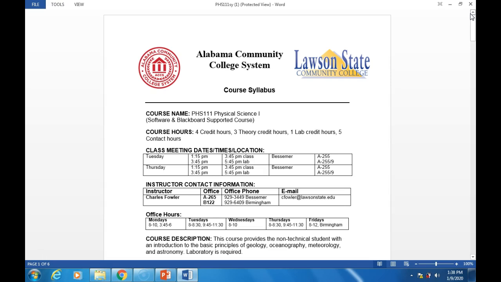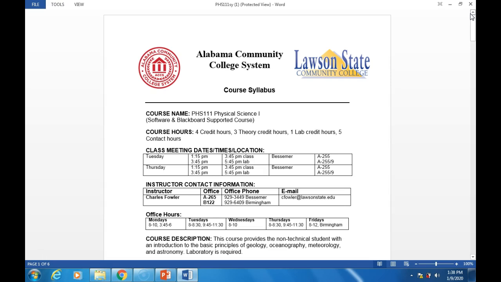There will be at least one time when we will go down to 259. That's why I put that one down there, because that actually is going to be one we're going to be doing. If you've ever heard of a wet lab, this technically is a wet lab. We're going to be doing some things with measuring stuff. So, anyway, most of the time we'll be here. I'll bring the materials into this class and we'll do the labs in here.